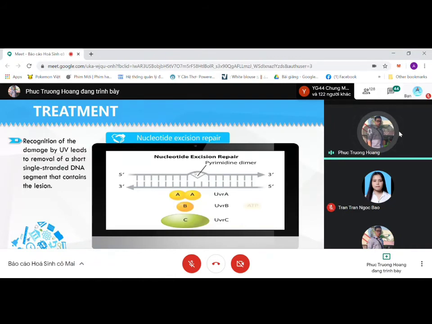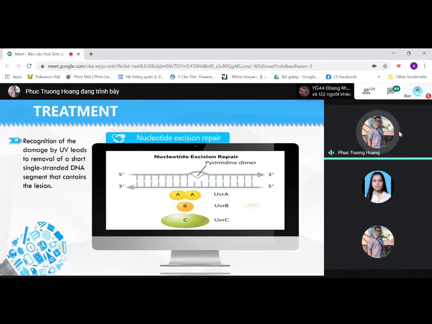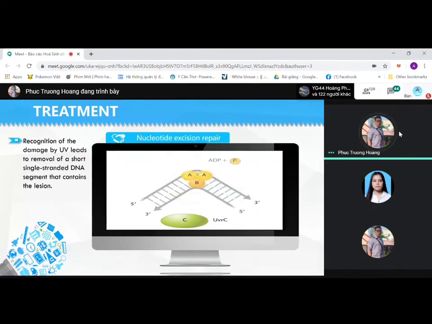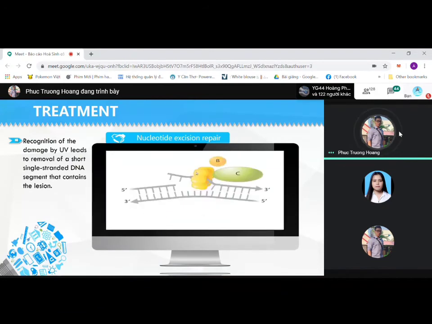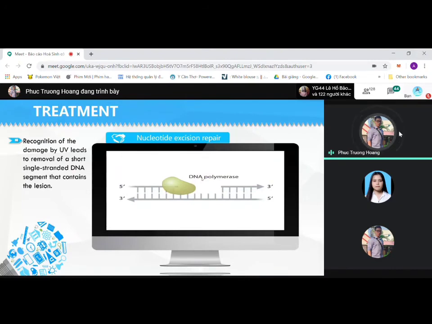As you can see here, this is the lesion created by UV light, and after a lot of steps, it will remove this lesion and the undamaged single-strand DNA. As you can see here, we use DNA polymerase to synthesize the new shortened complementary DNA.